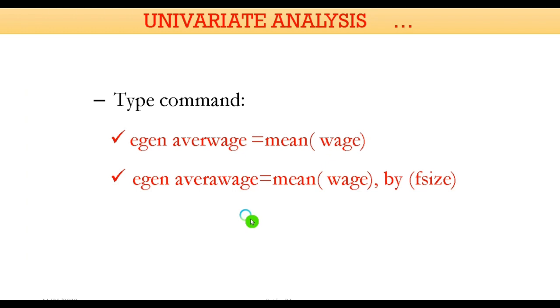In the case of STATA, you can simply use the mean command in order to calculate the mean of a given variable. You can use egen, extended generate. Let's say the name of what you generate, average of which is equal to mean of which. You can separate again by some criteria, or the variable by itself.